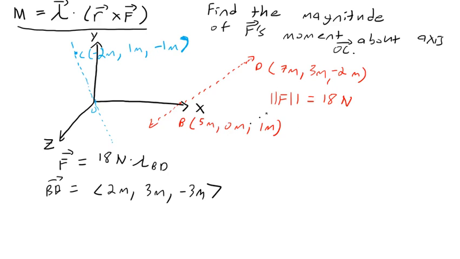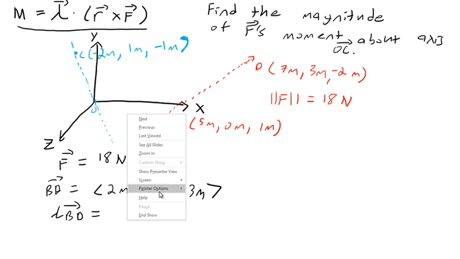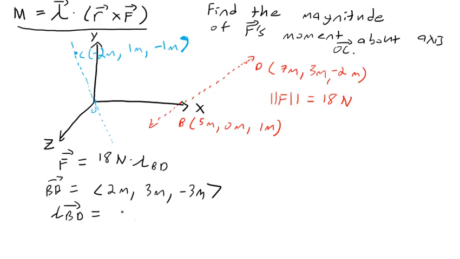And lambda BD, the unit vector along line BD, is going to be 2, 3, negative 3 meters over the square root of 2 squared plus 3 squared plus 3 squared.